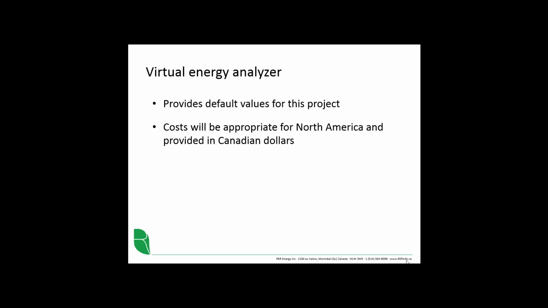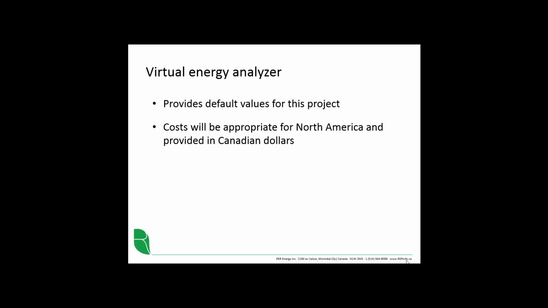project. The costs that the Virtual Energy Analyzer provides will be selected to be appropriate for North America, and this project being done in Ecuador may have significantly different costs, and we may see significant differences between the costs I assumed when I did the analysis up till this point and those provided by the Virtual Energy Analyzer.